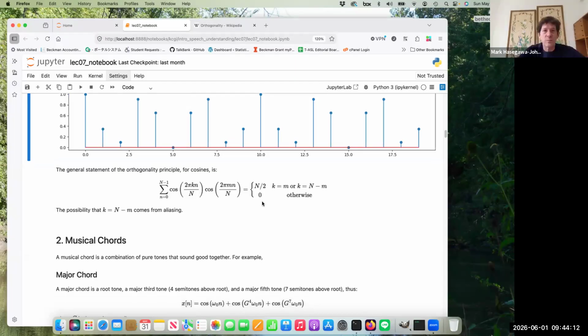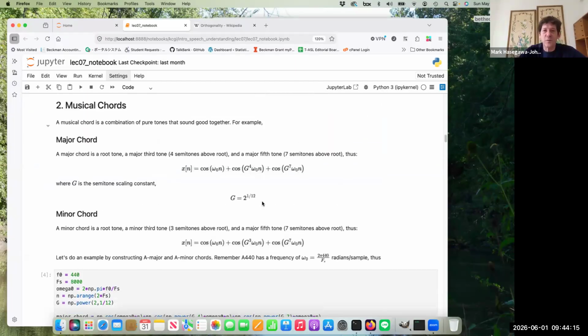So that's useful for speech, but it's also useful for things like musical chords. A musical chord is the sum of three different notes. We have the basic frequency at omega naught, which might be 440 hertz if it's an A note, or 250 hertz if it's a C note. We have g to the fourth times omega naught, where g is 2 to the 1/12th, and so this is 4 half steps up the piano.